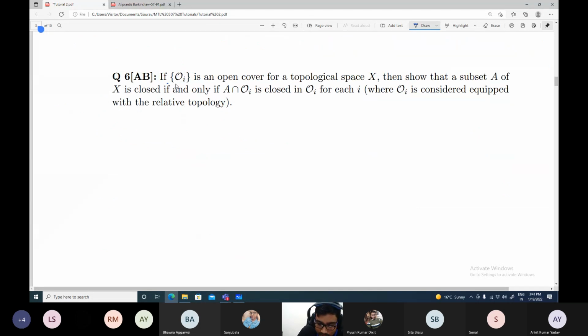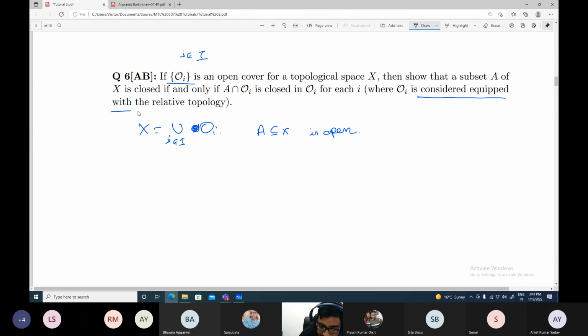Now take this as an open cover of the topological space X, meaning your X is the union over i belonging to the index set I of O_i. I forgot to write the index. Now say a subset A of X is open. Now tell me what is relative topology? This is actually the subspace topology.